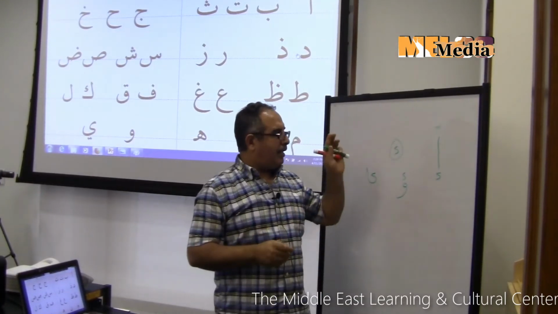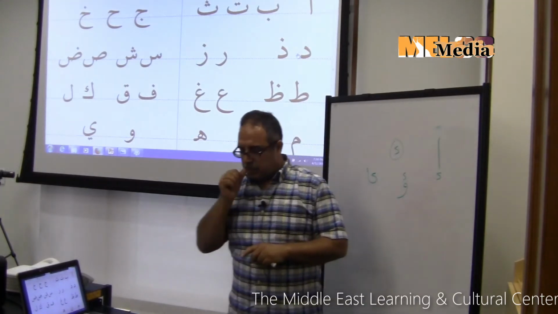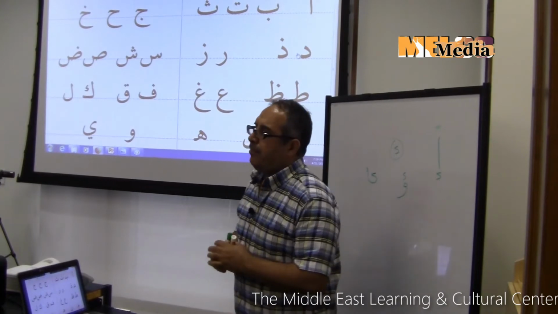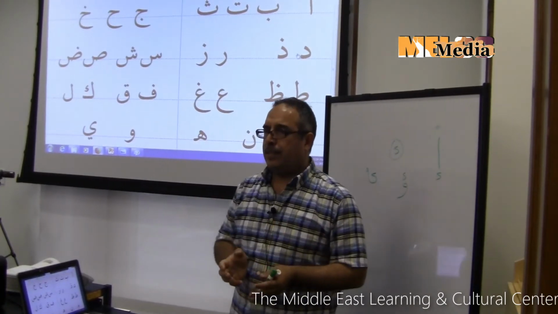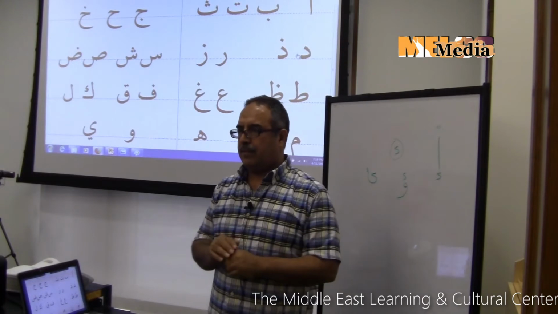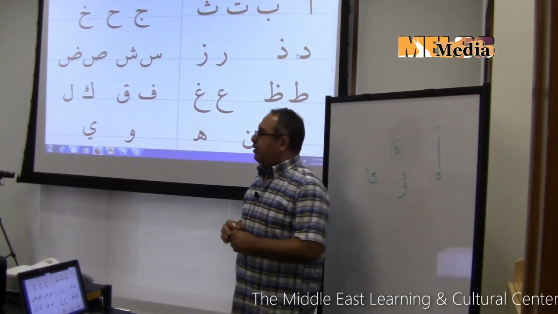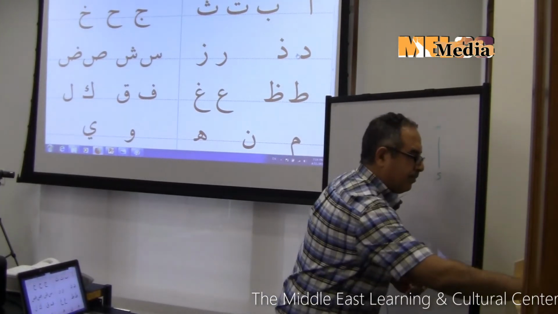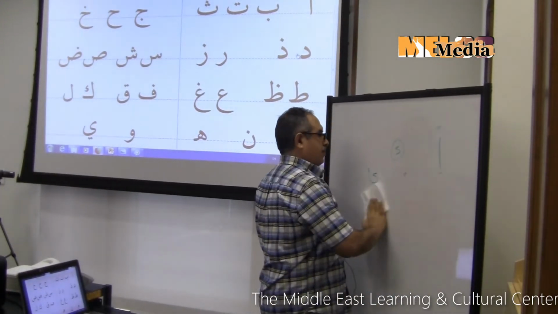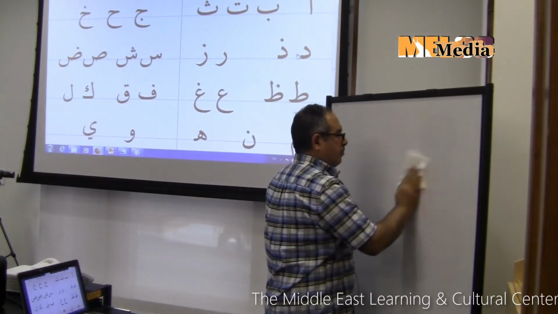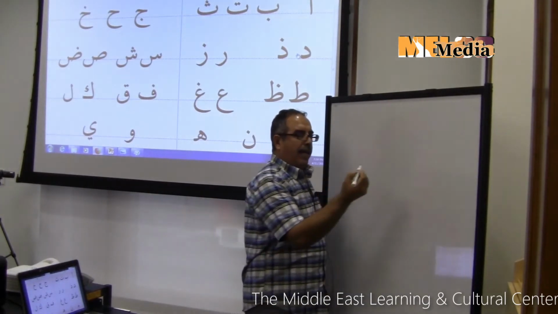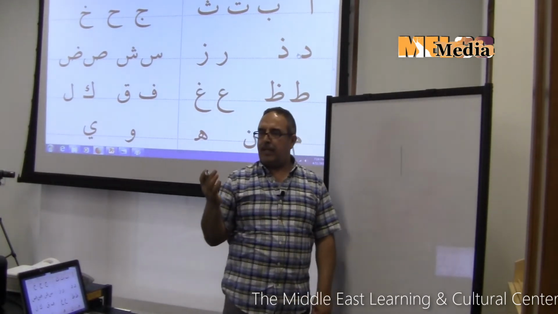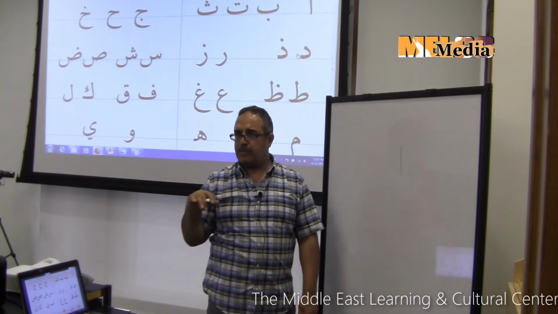So Hamza is that. Sometimes people ask, how do I know whether this is Hamza or Alif? If it is at the beginning of the word, it is Hamza, period. Alif, which is this one, you can only find either in the middle of the word or at the end.